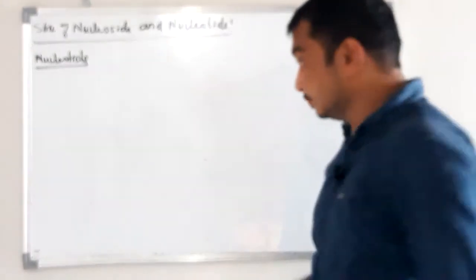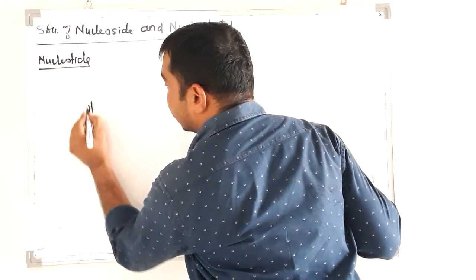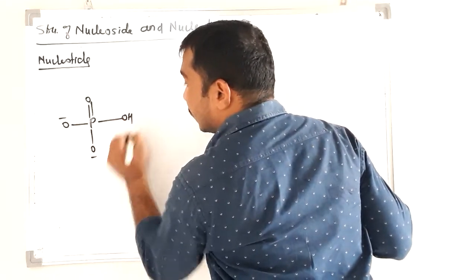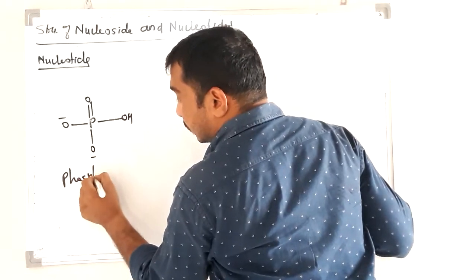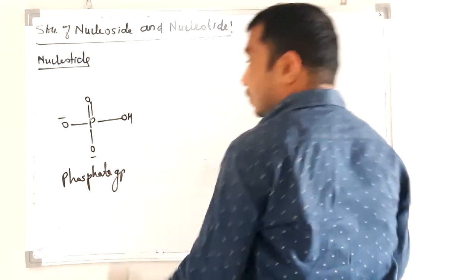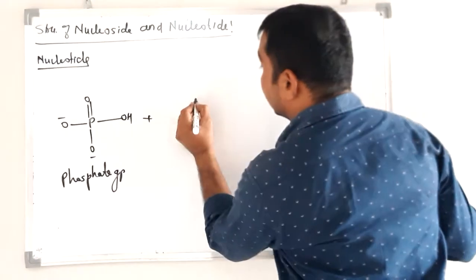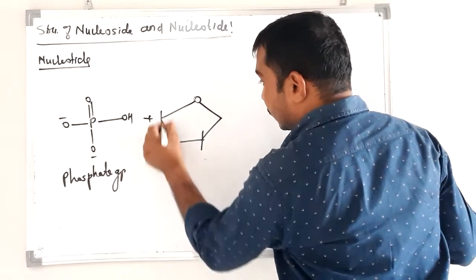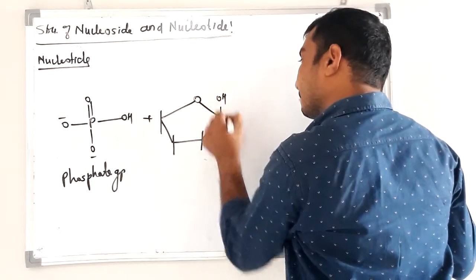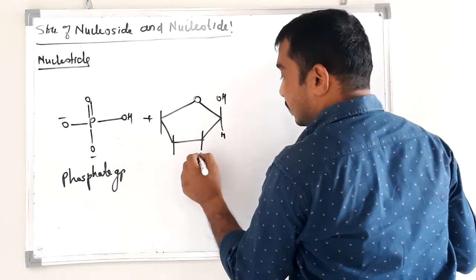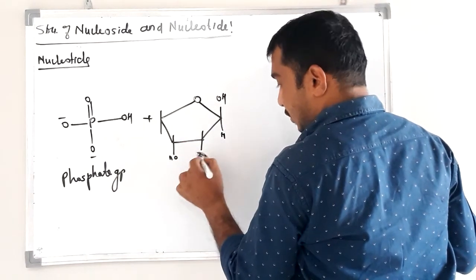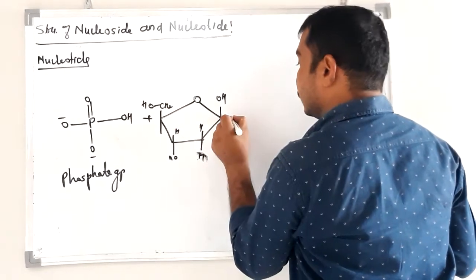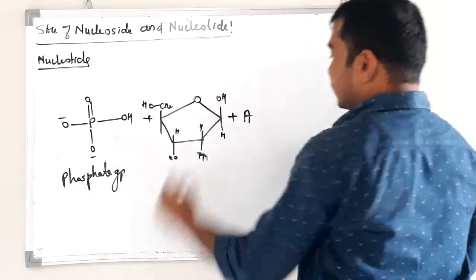In nucleotide, phosphate group, PO4, plus sugar, in RNA, plus base, any base.